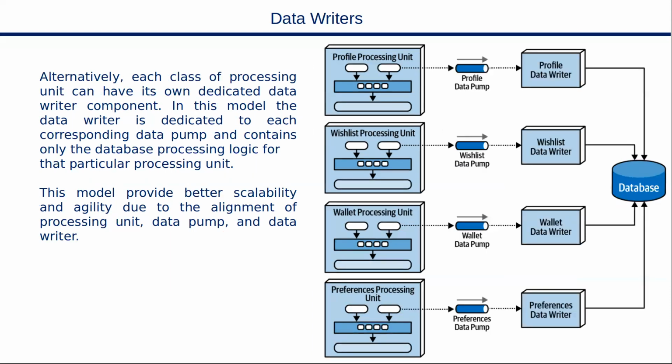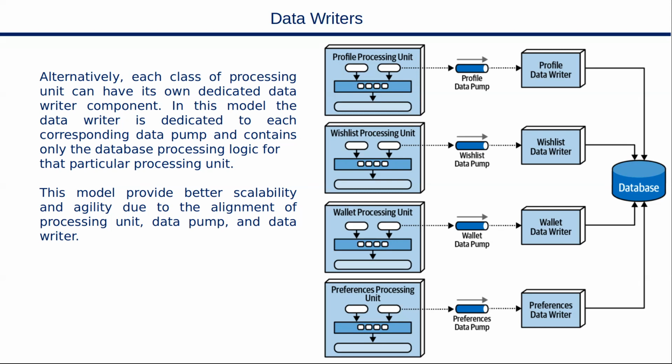Next is an alternative approach, where instead of a single data writer, you can have, for example, four data writers, each of them designed for a particular data pump. So alternatively, each class of processing unit can have its own dedicated data writer component. In this model, the data writer is dedicated to each corresponding data pump and contains only the database processing logic for that particular processing.